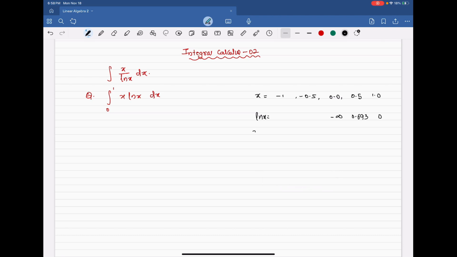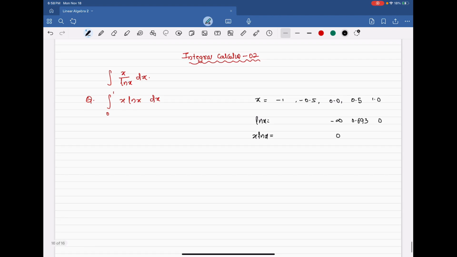Now, what is x into ln x? This we can write as 0. It will be 0.5 into 0.693. Please do the calculation. Minus 0.3465 and it is 0.